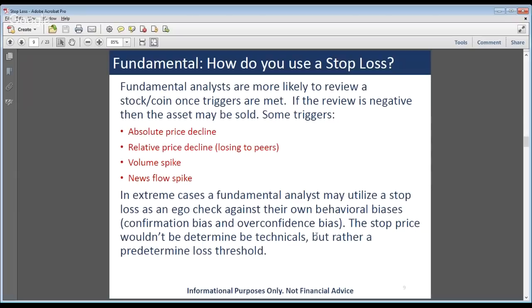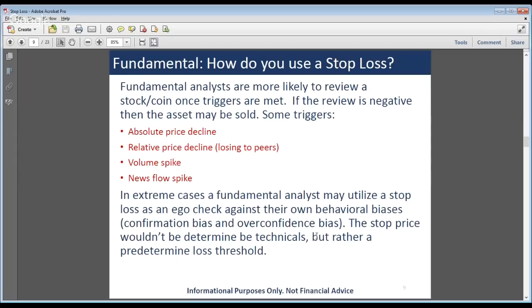Confirmation bias would mean that in this review process, they might unintentionally look for data that supports their own thesis. And overconfidence bias would be exactly that: they believe in their own analysis more than they should. So they might institute a hard stop loss, in this case, to overcome that bias.